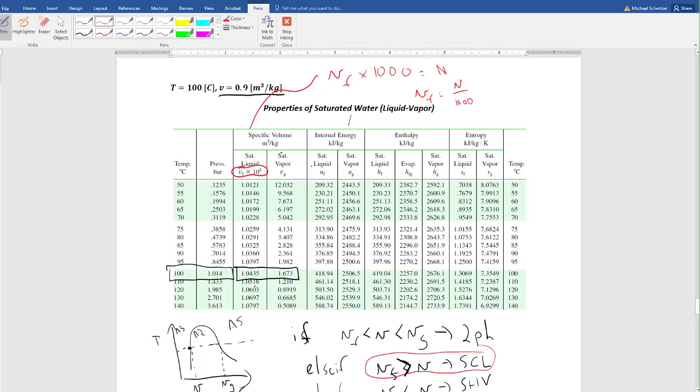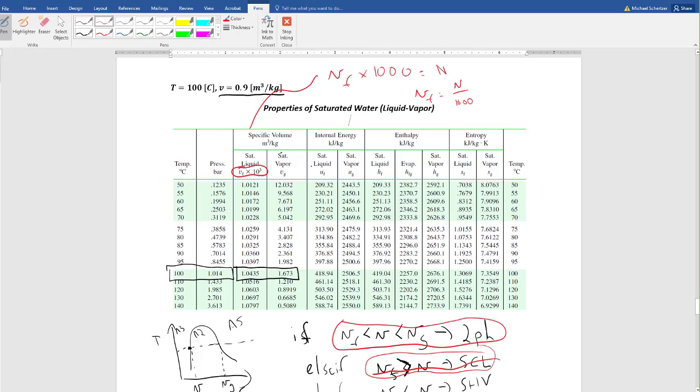So this is not really 1, it's 1 over 1,000. In fact, this is a two-phase mixture, even though it didn't look like it the first time I looked at it. That's an easy thing that people can mess up if they're not paying attention: you have to take this number and divide it by 1,000.